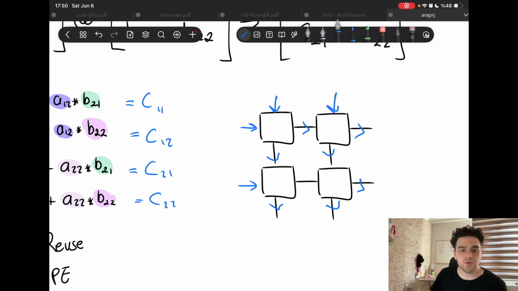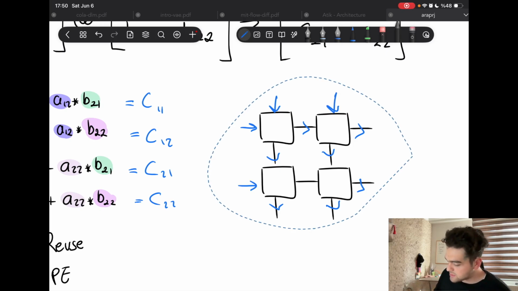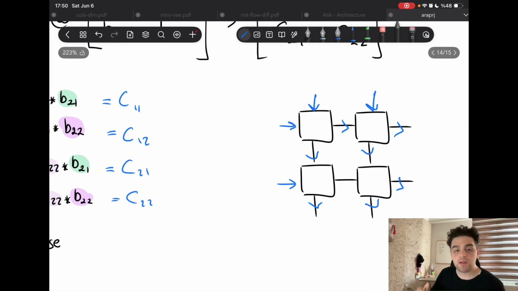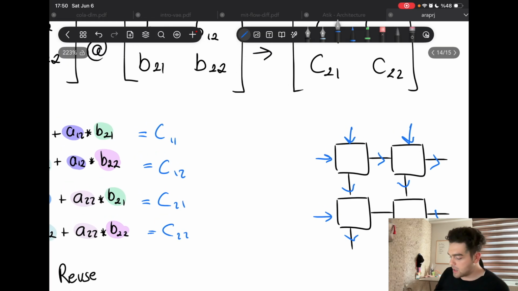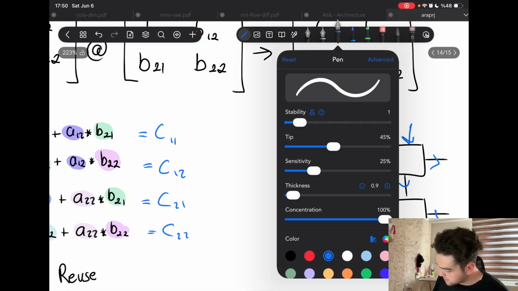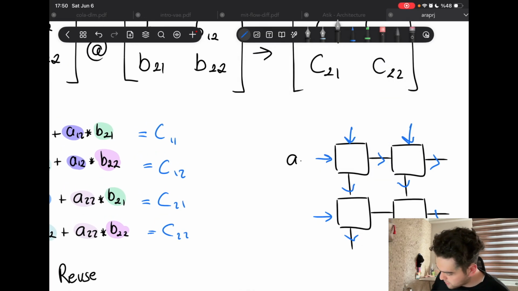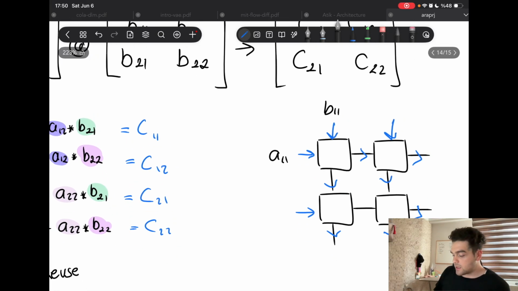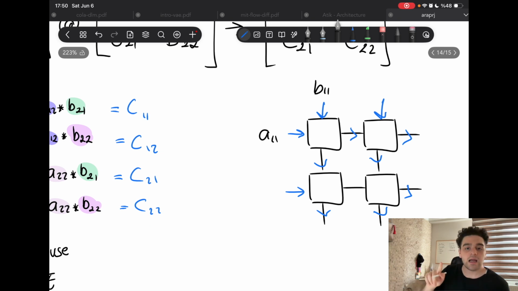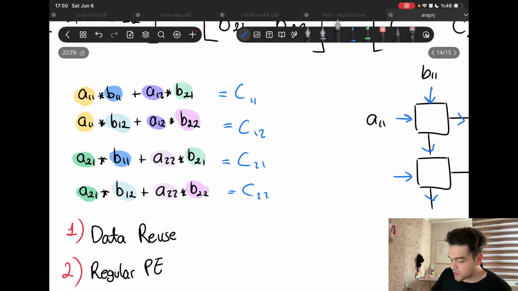So imagine for a moment that I am passing matrix A through the left and matrix B from the top. Because I want to multiply A11 by B11, I will write down here A11 and above it B11. This little cell will do multiplication: it will multiply A11 and B11 and store it in its registers.